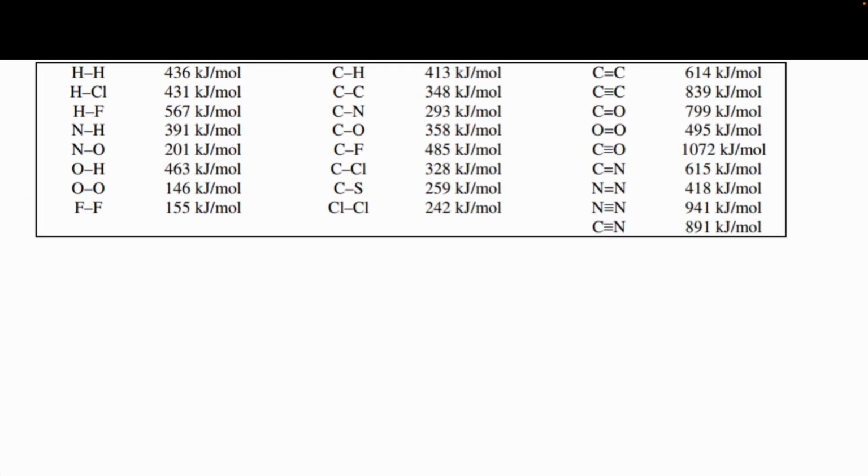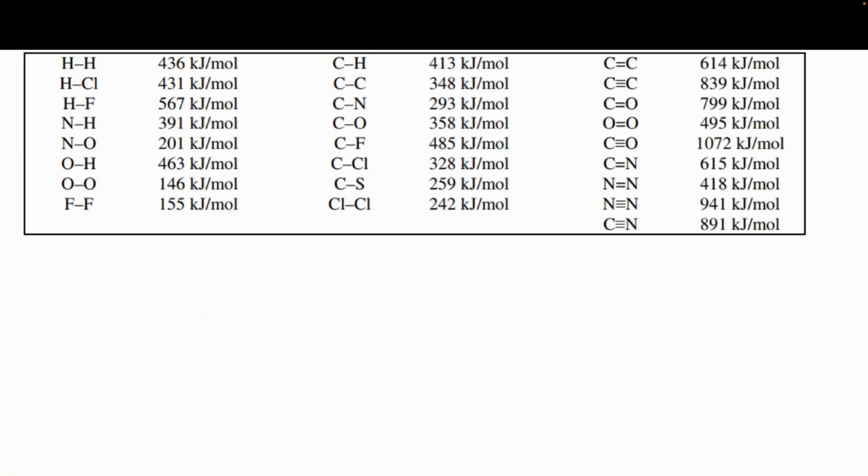So we have this chart here. This is our bond dissociation energy chart. If I look up a particular bond, for example an H and Cl bond, I get this number, 431 kilojoules per mole.